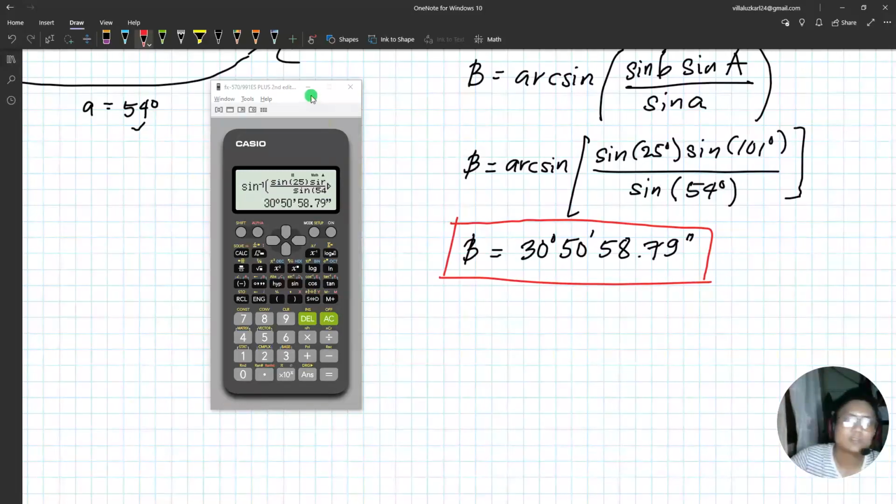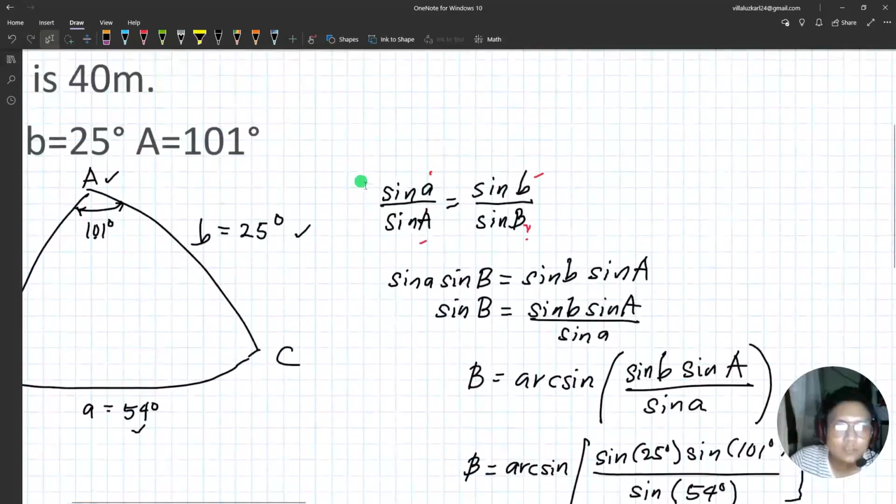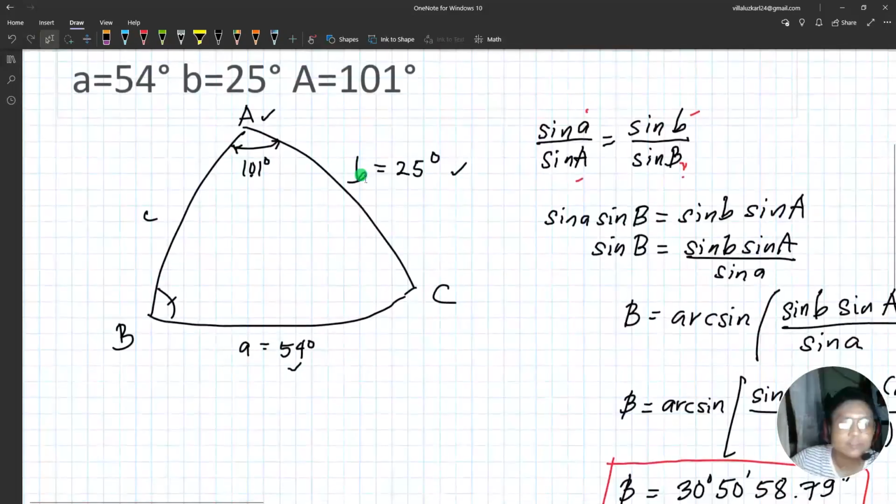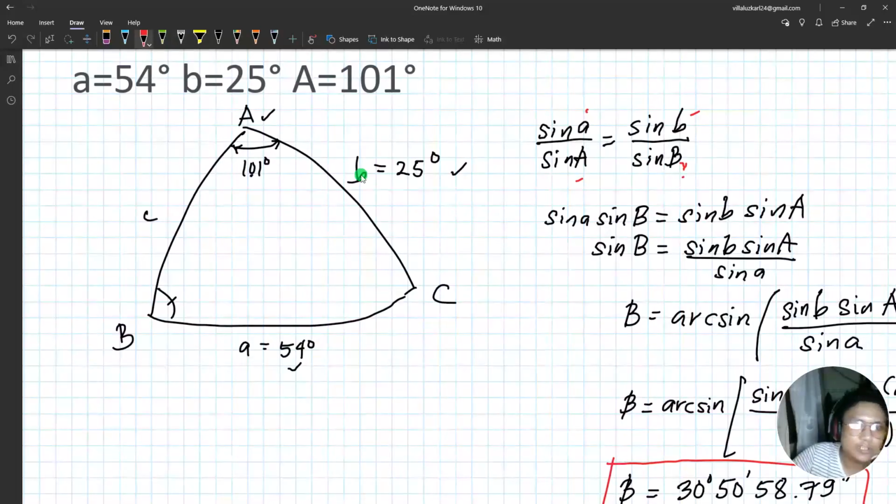Next, let's determine side C. Since we already have angle B here, we can determine side C, or we can determine angle C. We cannot use sine law here since we don't have a value for side C or angle C. So the best solution here is to use cosine law.